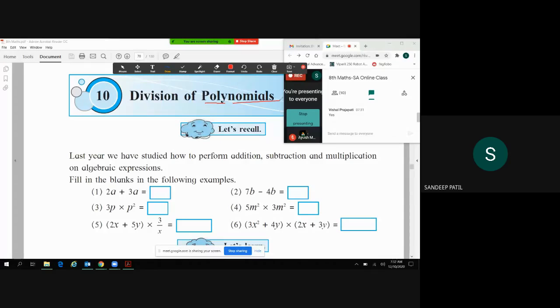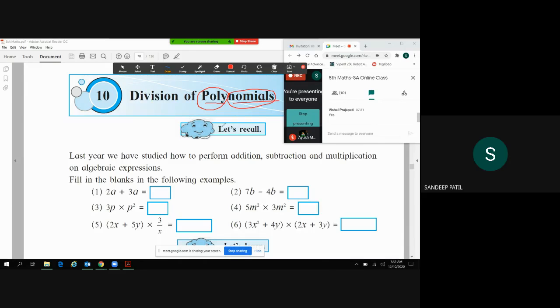Poly is a Greek or Latin word which means more than one. And nomials comes from nom, again a Greek word. The whole meaning is that there are more than one terms, right?